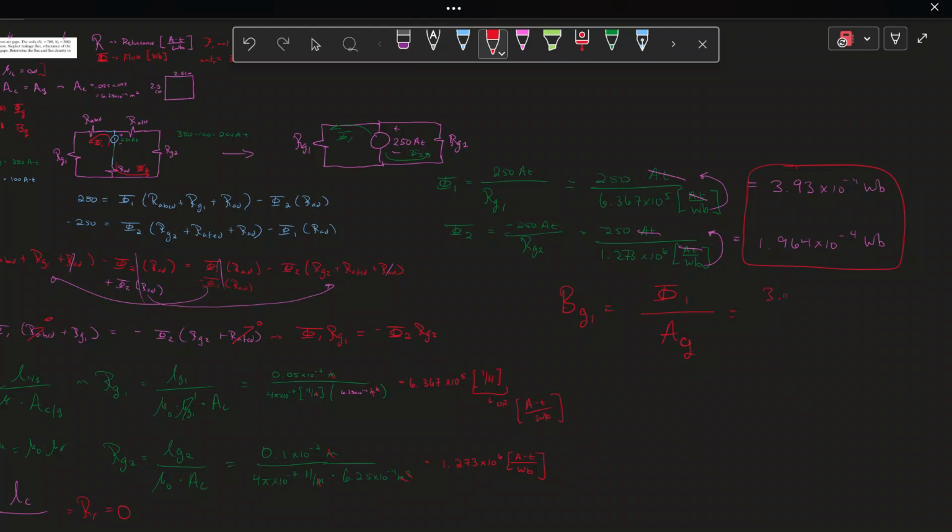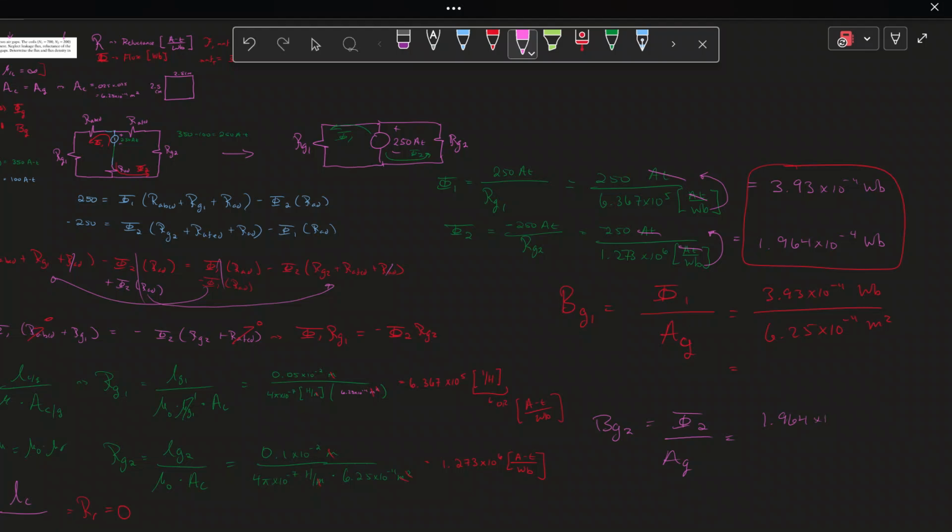So we have 3.93 times 10 to the minus 4 Webers divided by the area of the gap, which is 6.25 times 10 to the minus 4 meters squared. Again, we can just plug this into our calculator, but that's going to be the gist of how to solve this type of problem.